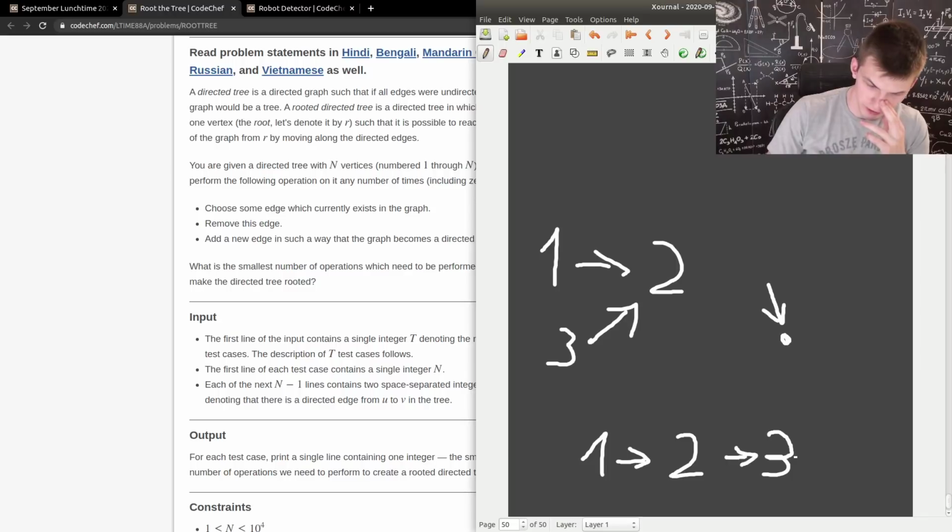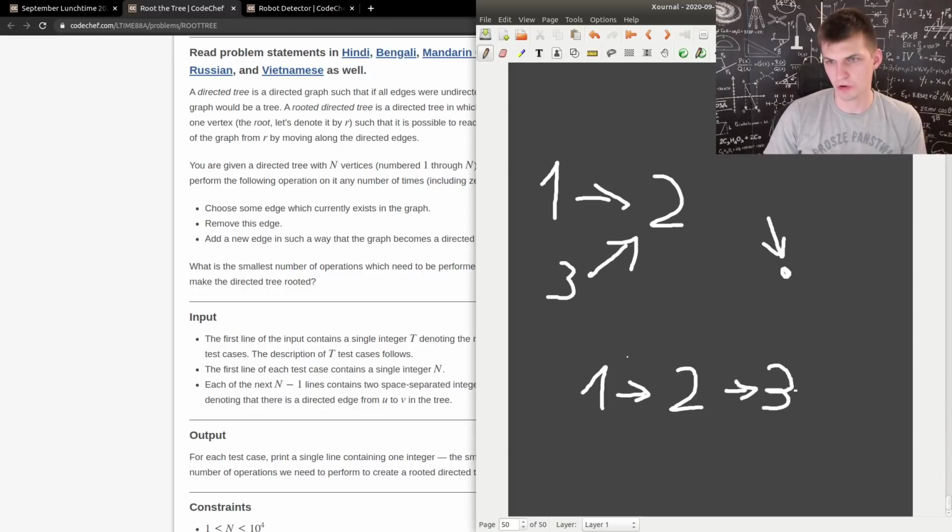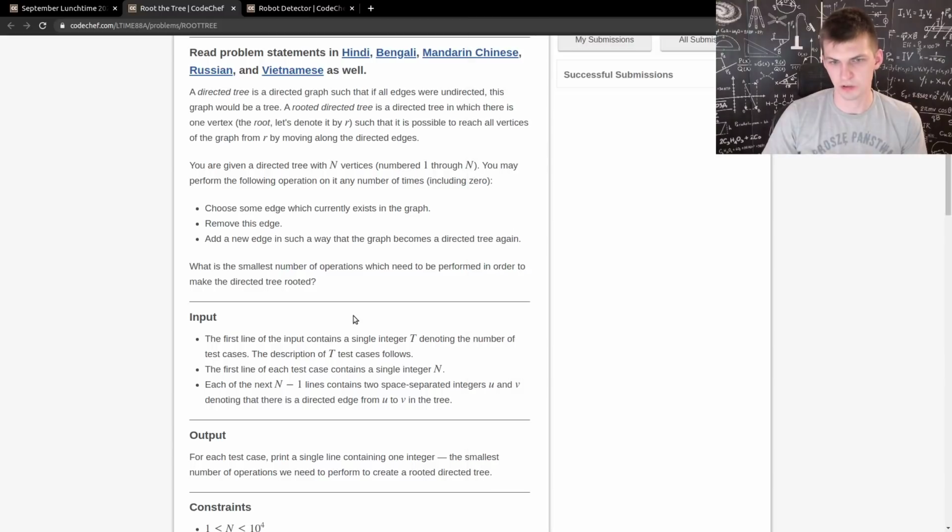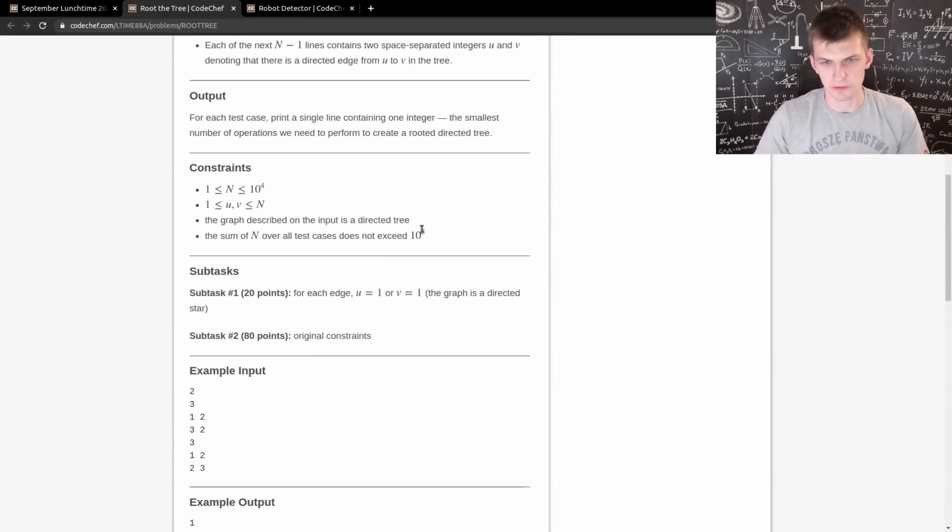To every vertex, there should be at most one edge going in. Yes, I think this is true. So sum over in degree and something.